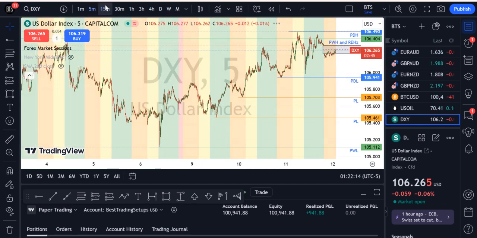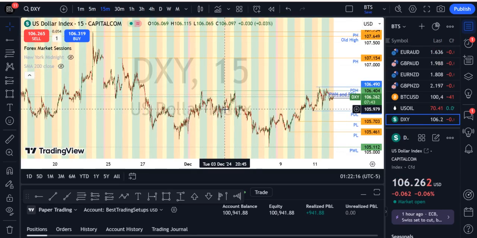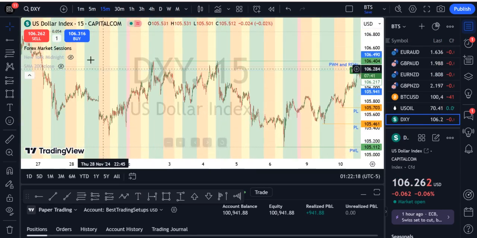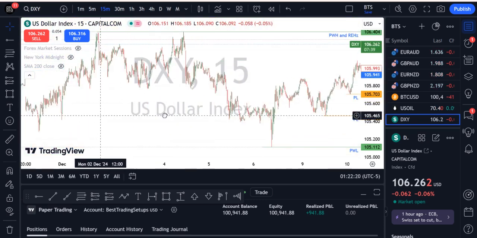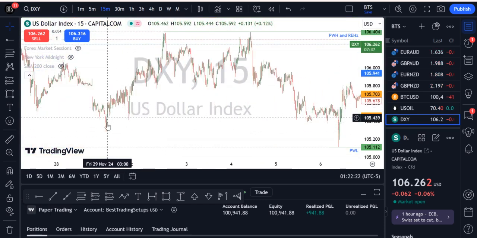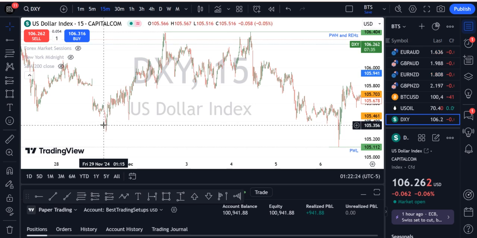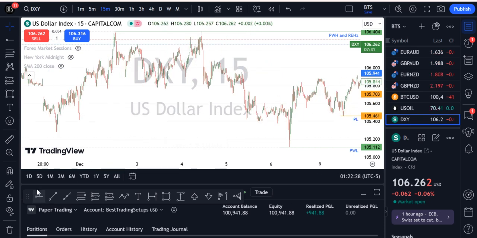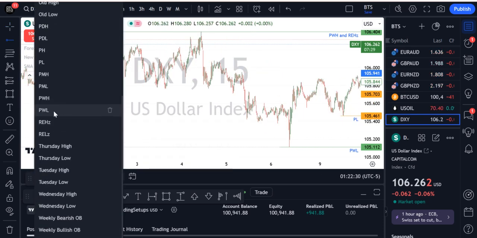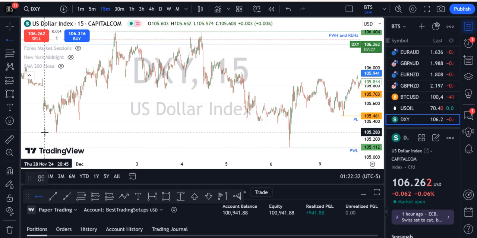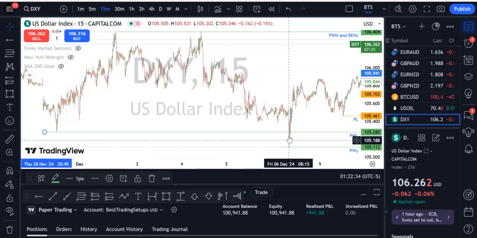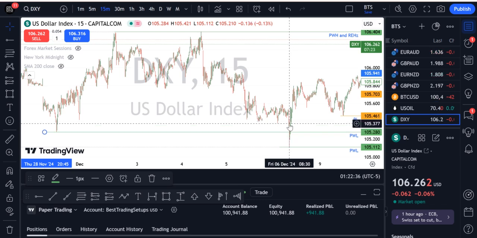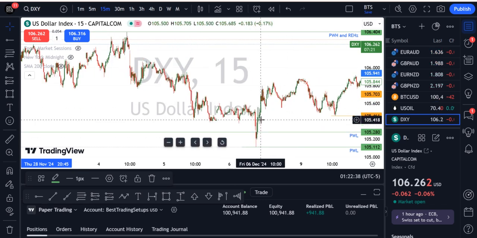So in DXY, also the same concept worked wonderful. Right here was last 2 weeks low, which is February 29th. Previous week's low, PWL. And right around here, on Friday last week, we swept that low.